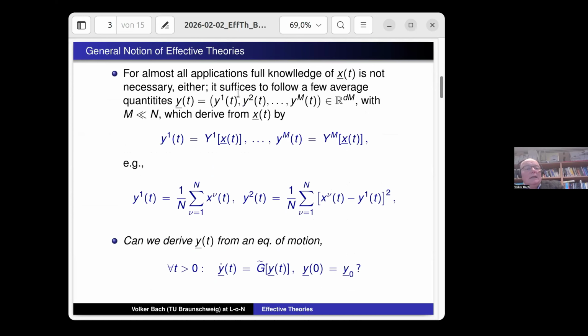It suffices to follow the evolution of a few average quantities that I call y of t, again comprised in a vector y1 of t through ym of t. But m now is a number much smaller than n, so we have many fewer variables. Typical examples I have in mind, even though the dimensions don't really match here, don't look at this too closely.